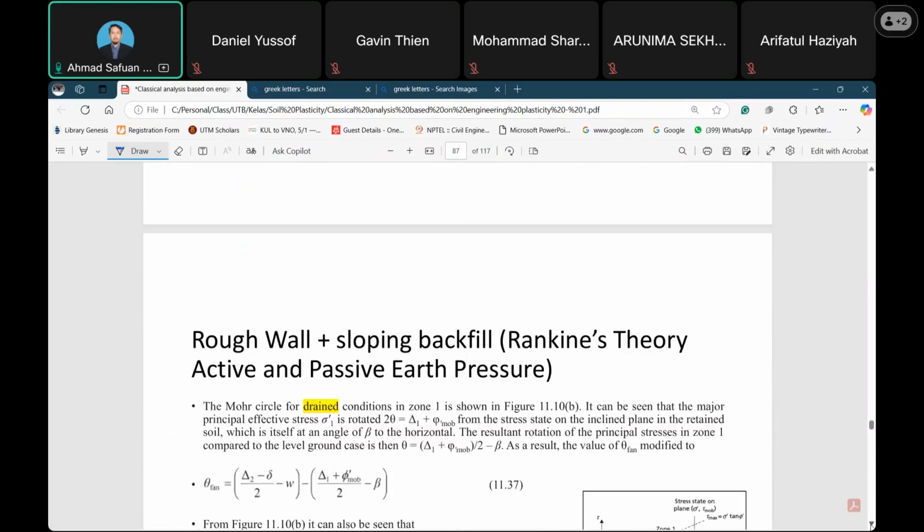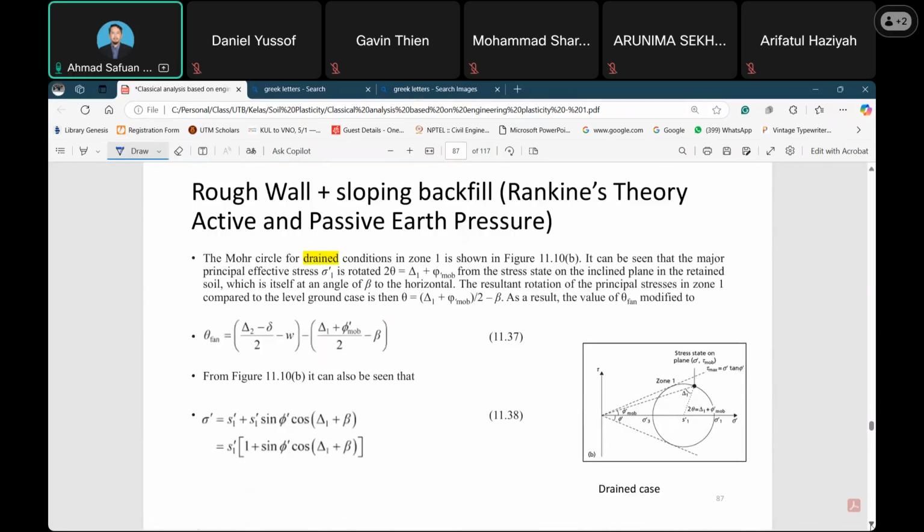Then for drained condition, in zone 1 as shown in figure 11.10b, it can be seen that the major principal effective stress is rotated 2 theta equal to delta 1 plus phi mobilized here.